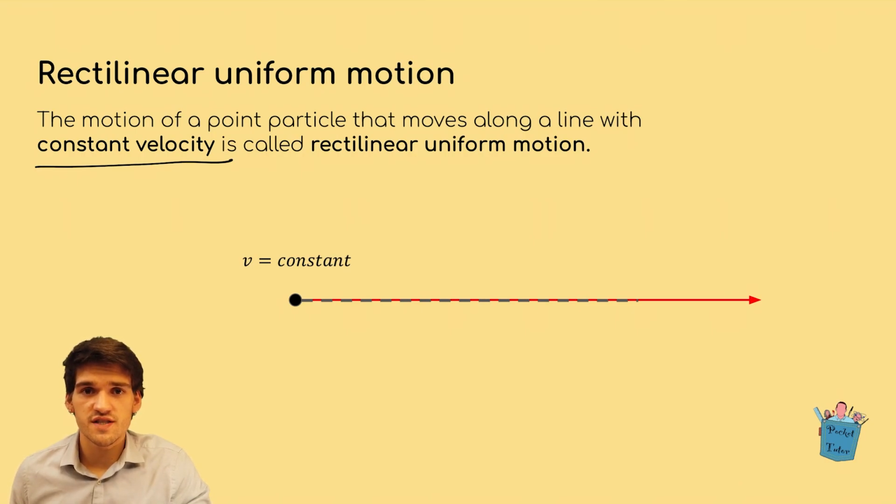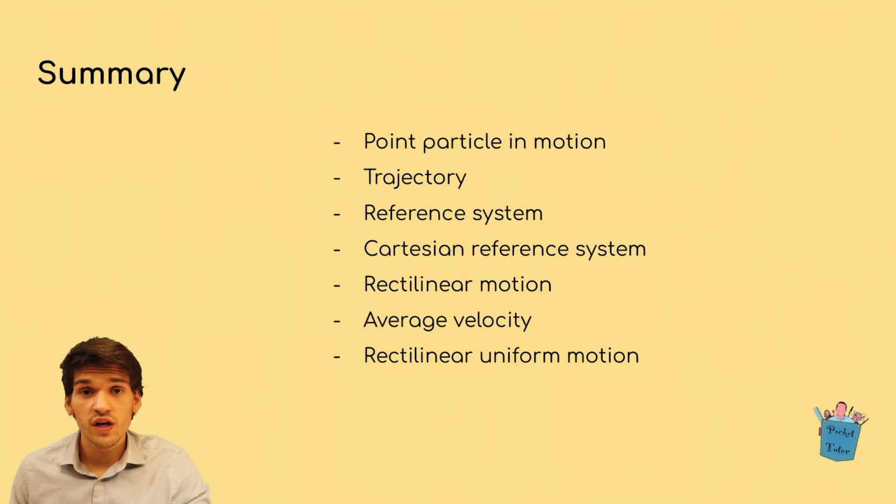But first, just a simple recap. We recalled what is a point particle, and we have seen how to describe a point particle in motion. We have learned the concept of trajectory, that is that line combining all the subsequent points occupied by a body when it's moving. We have seen what is a reference system, and we have learned that the description of motion or positions is always relative to the reference system that we are considering.